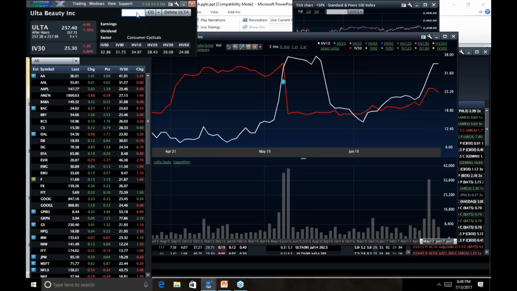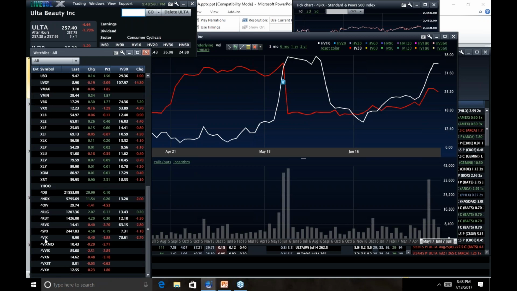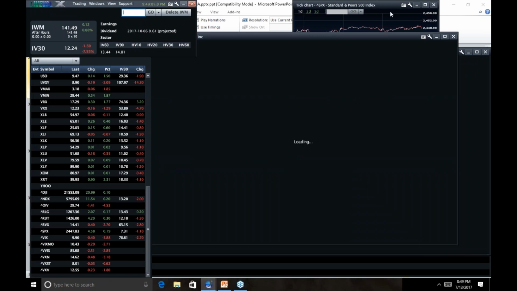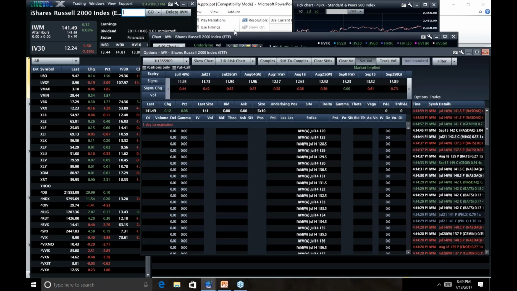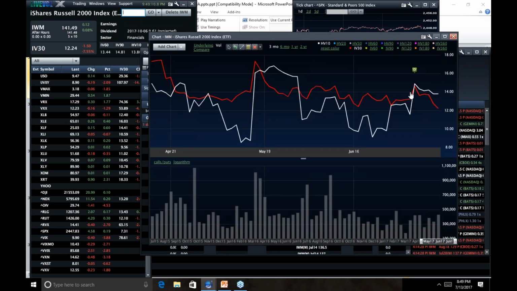All right, let me look at some of the indexes here. Let's look at RVX. So I'm going to look at IWM. And I'll walk through this one real fast. Here's another one where movement is sinking, but IV, I mean, look at the IV.